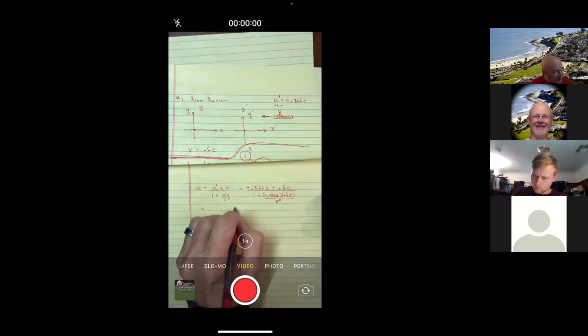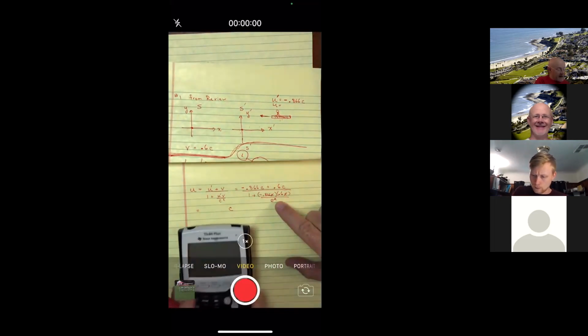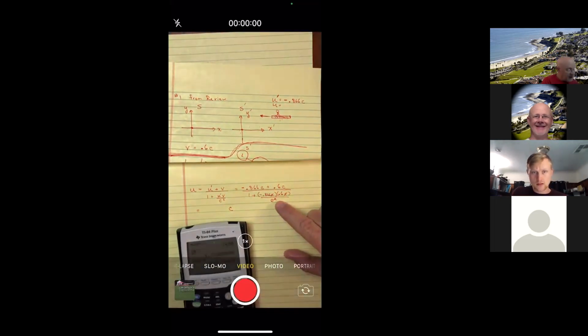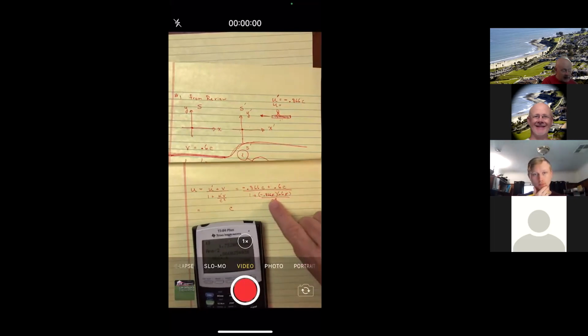And then you can even just take a C from the numerator and factor that out. So the numerator would be the negative 0.866 added to 0.6. There's the numerator. The denominator would be 1, and I can see this is going to come out to be a minus 0.866 times 0.6.